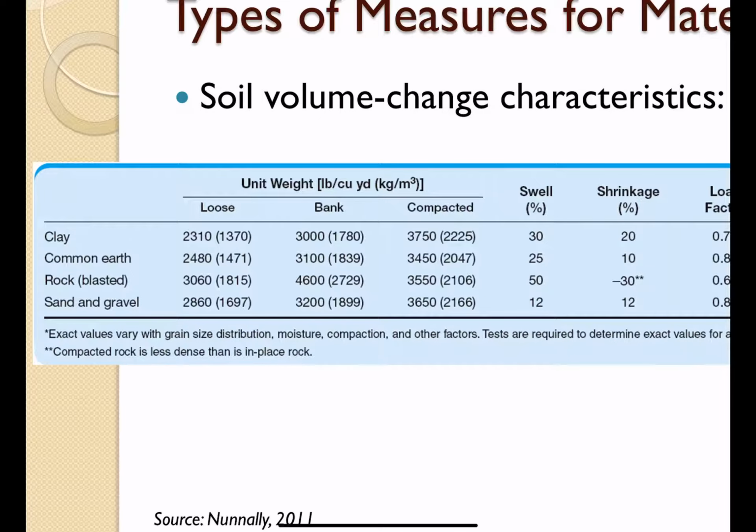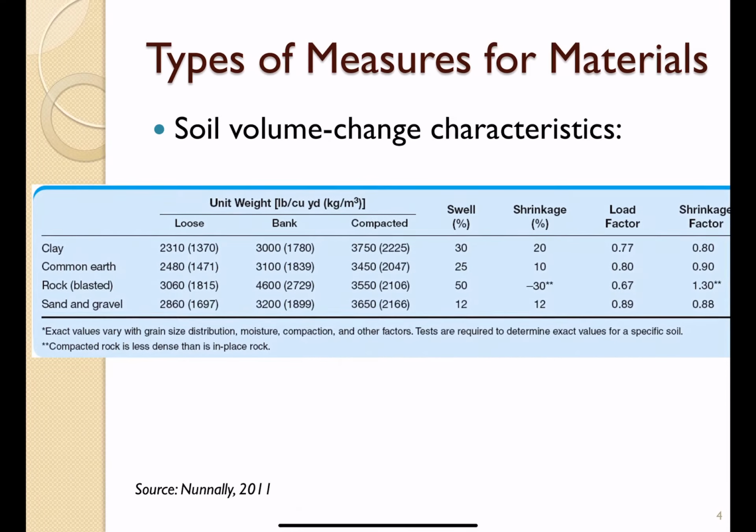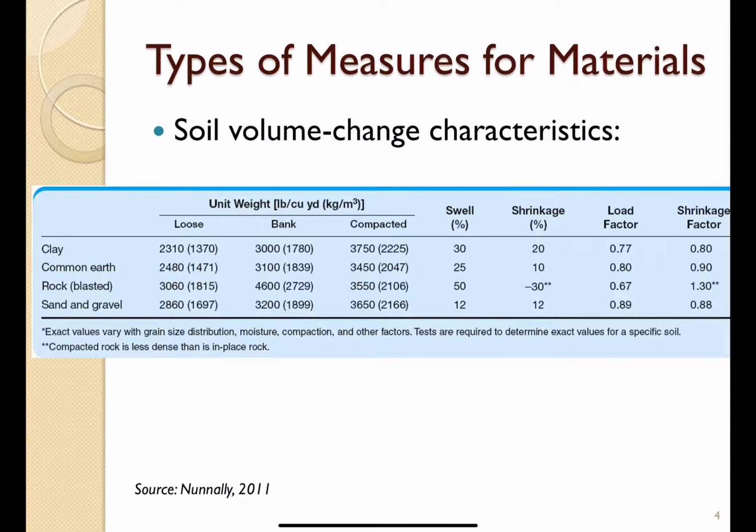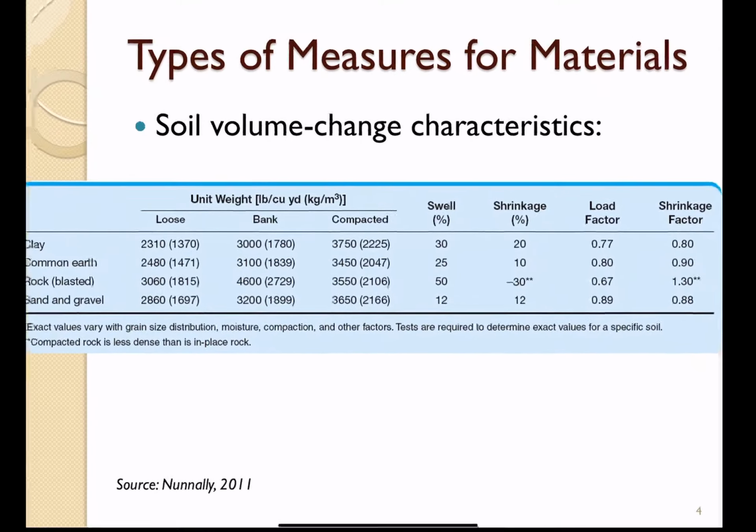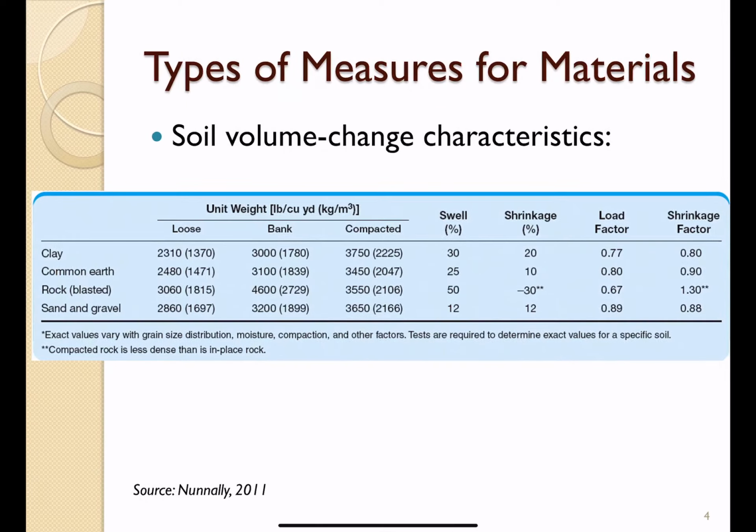For the bank, the natural condition, 3000, and for the compacted 3550 pounds per cubic yard, and in parentheses that unit is kilograms per cubic meter. And it is measured by percent swell, the change from the natural condition to the loose, and then shrinkage percent from the original condition, the bank, to the compacted.